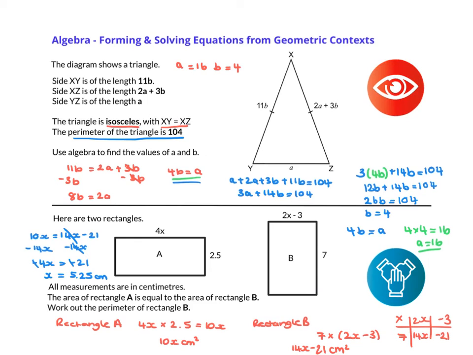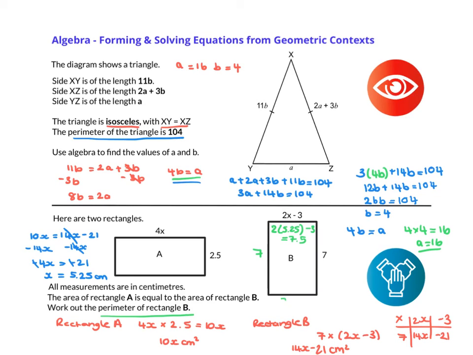Now that isn't where our question ends, because we actually need to work out the perimeter of rectangle B. Perimeter is distance around the edge, so I know that two sides are equal to 7, and then I'm substituting in my 5.25 in order to work out the shorter length. 2 lots of 5.25 is 10.5, take away 3 will give me 7.5.